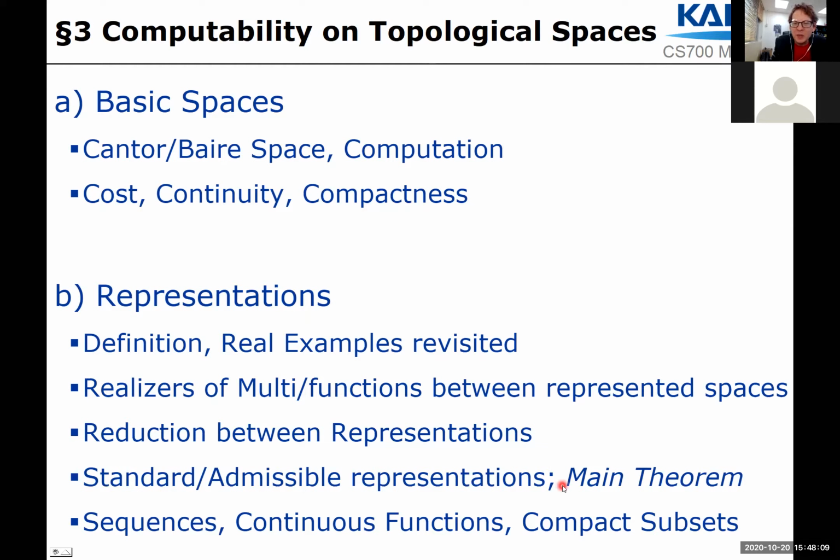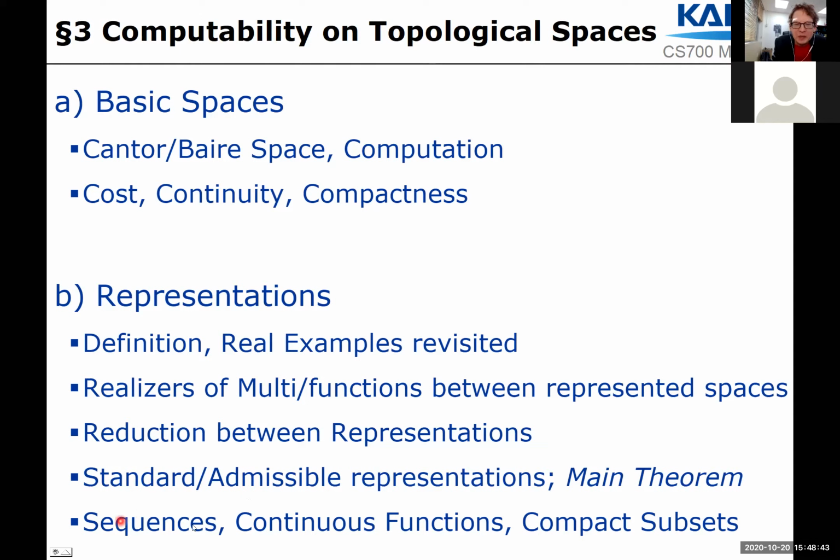Namely, these are the representations where the famous main theorem holds, characterizing continuous functions between spaces equipped with admissible representations in terms of having continuous realizers, corresponding to continuous functions and vice versa. And we've seen that every topological T0 space, Kolmogorov space, with a countable subbase has such an admissible representation, namely a standard representation.